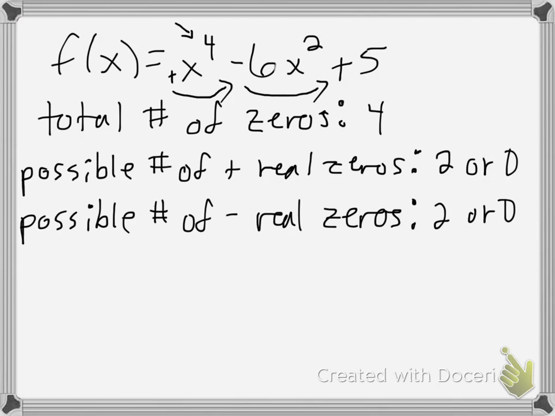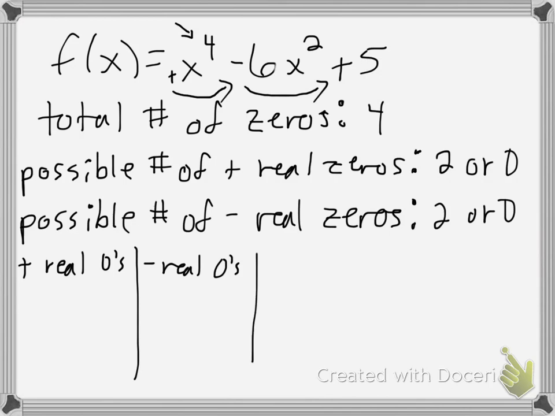So if you remember from the other day when we were talking about Descartes' law of signs, we created this table. I'm going to be creating my table again: positive real zeros, negative real zeros, imaginary zeros, and total zeros.